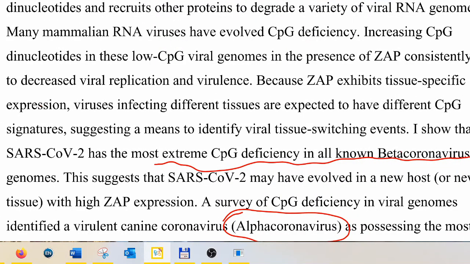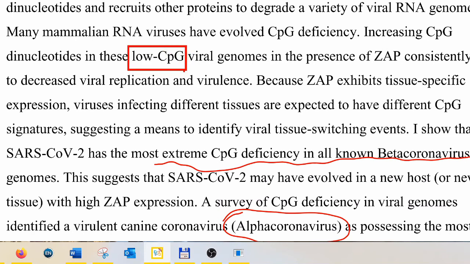So what is this CpG deficiency? CG increases stability in RNA or DNA structures. Therefore, genes, the areas which encode proteins, are usually enriched in CG. This is one of the markers of how genes are selected.